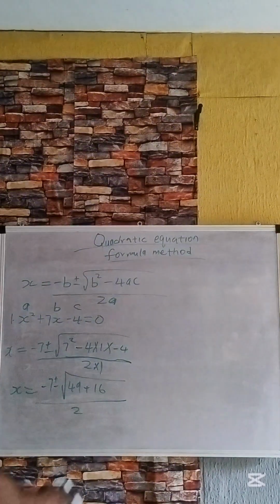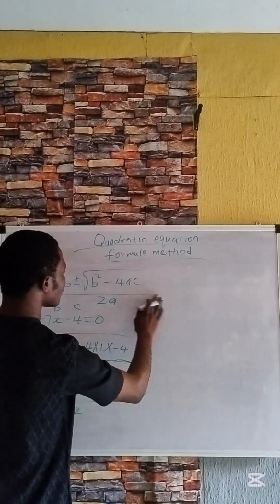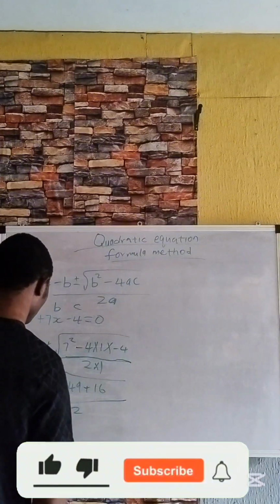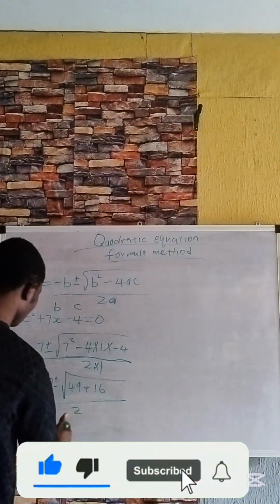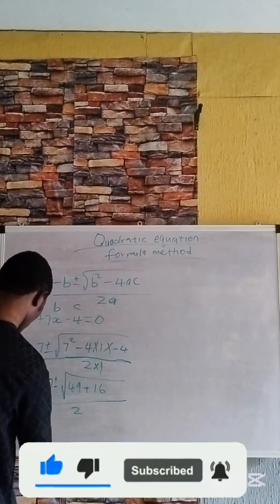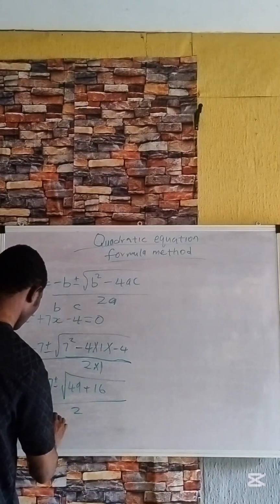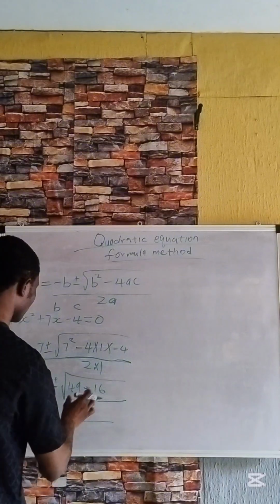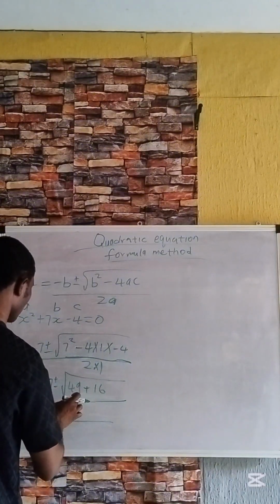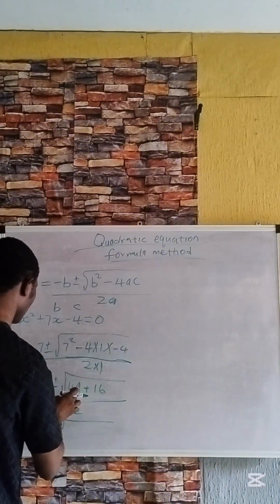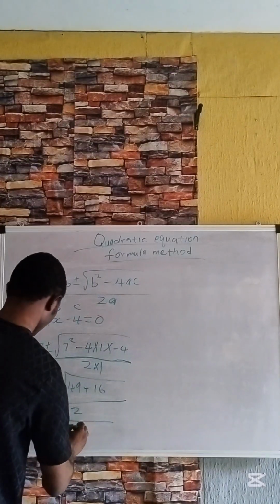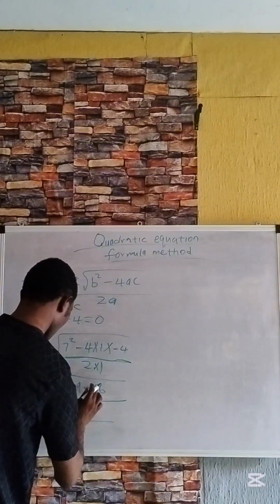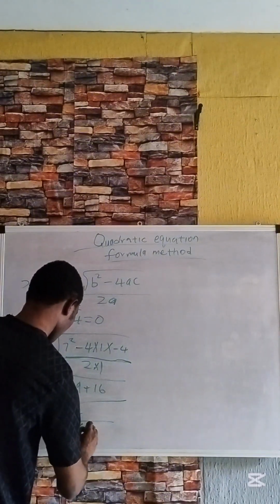The next step is to add these together to make a single number under the square root. So x equals minus 7 plus or minus the square root of 49 plus 16, which gives 65, over 2.